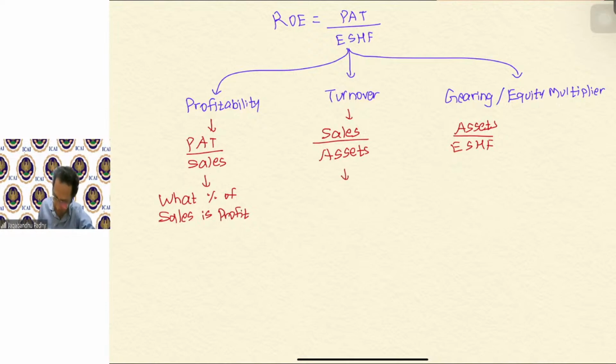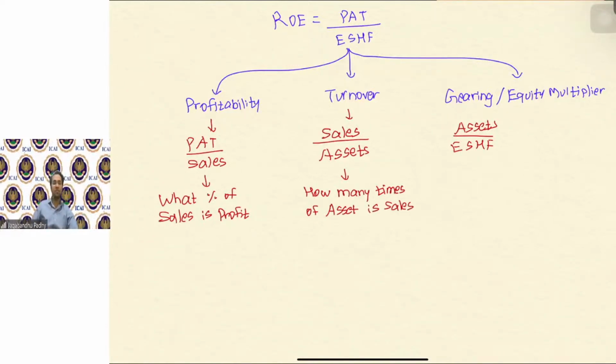The second aspect tells us how many times of assets is sales. Third is, what is the ratio of assets to equity shareholders funds?